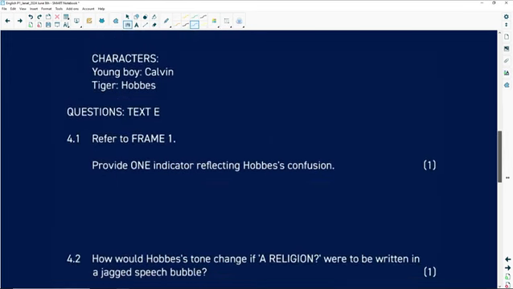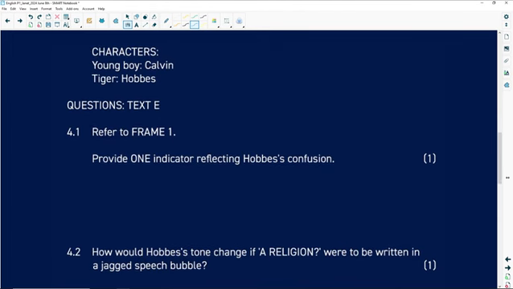So let's look at the questions and see in what way they are typical of questions asked about a cartoon. Always look at your keywords and your question words. The question words refer and provide.